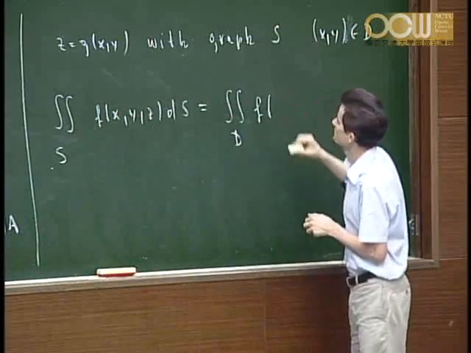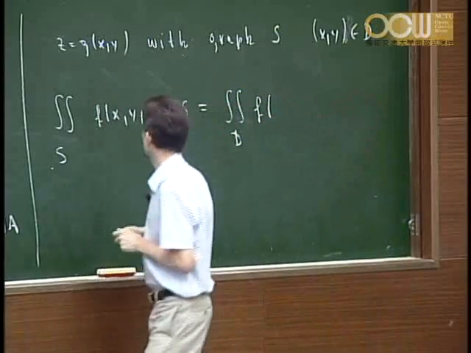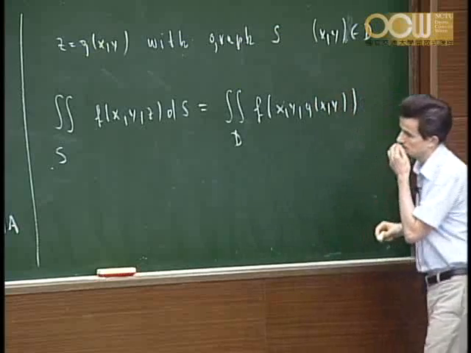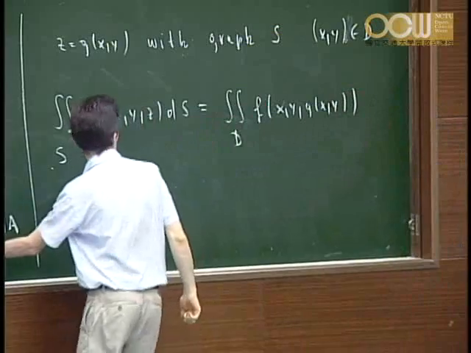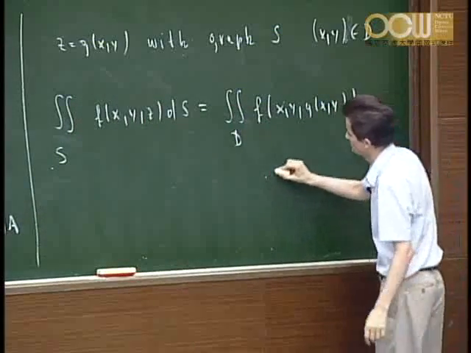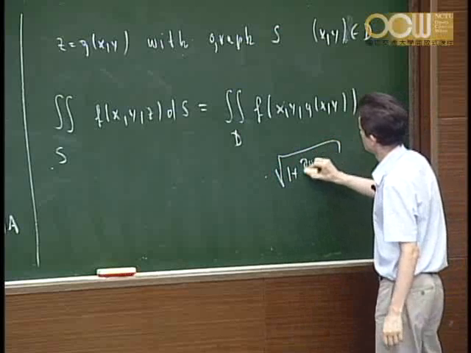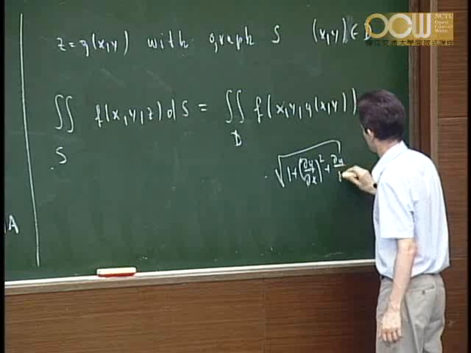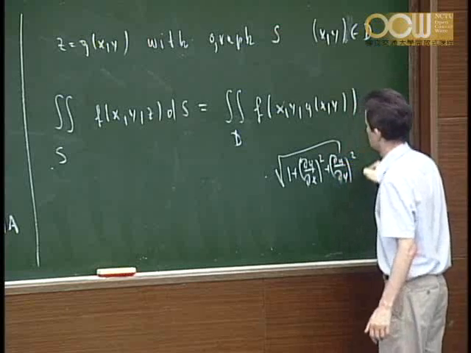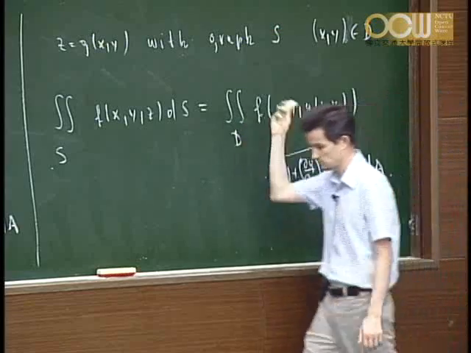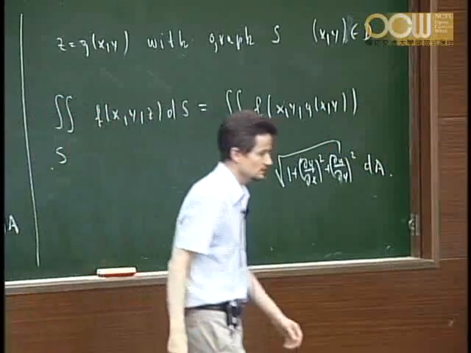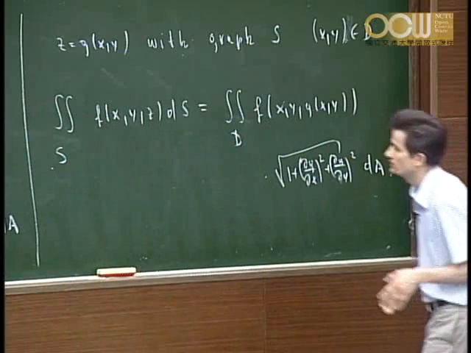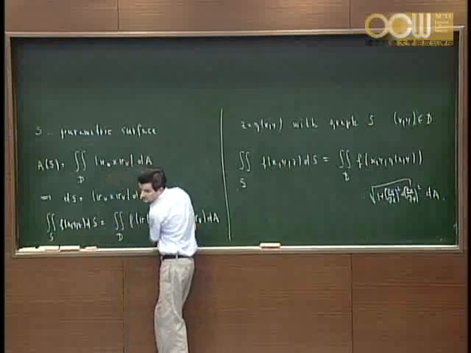You plug in a parametrization of the surface, which is given by x, y, and g of x, y, and you multiply by this here. We just computed it: this is the square root of 1 plus the derivative of g with respect to x squared plus the derivative of g with respect to y squared, and then dA. So you can compute the surface integral by computing this double integral. This also gives you the relationship between the surface integral and the double integral.